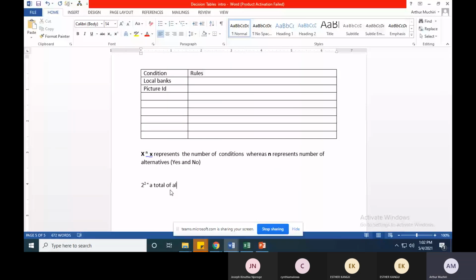Or how many possibilities? So possibilities is equal to x to power n, so 2 raised to 2. 2 raised to 2 is how many? 4. A total of 4 possibilities.